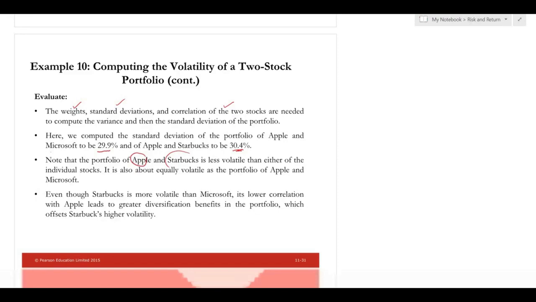It implies that even though Starbucks is more volatile than Microsoft, its correlation with Apple is lower than the correlation of Microsoft with Apple. That lower correlation helps us get greater diversification benefits compared to portfolios where the correlation is high. So higher correlation leads to higher volatility compared to lower correlation.